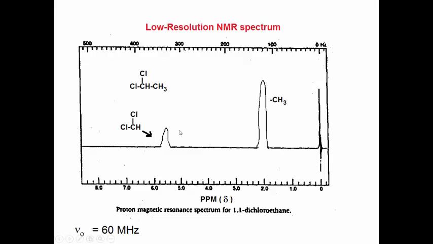Well, we can still determine which peak goes with which protons in a molecule. This molecule has two equivalent sets of hydrogen. It has the methine hydrogen, the single hydrogen, that comprises one set, and it has the three methyl hydrogens, these three equivalent methyl hydrogens, that comprises the second set.